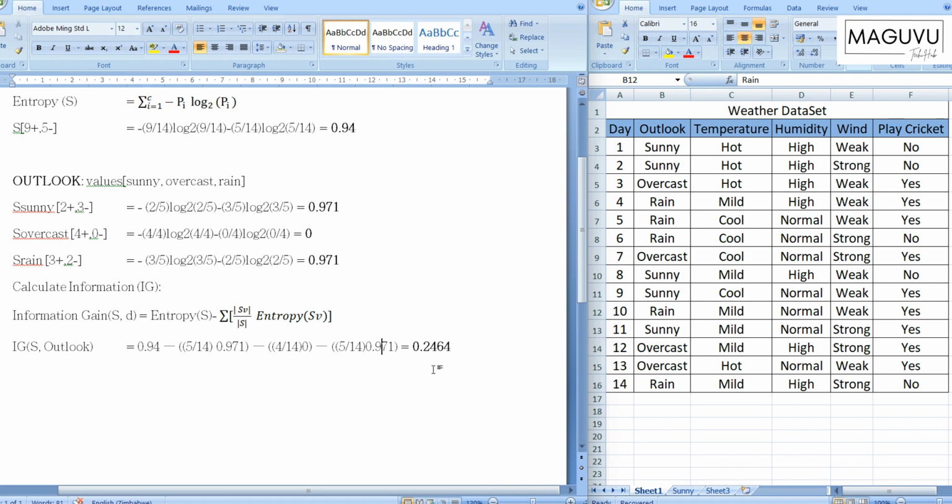We then want to do the same for the remaining features, which is temperature, humidity, and wind. So let's consider temperature, just the same way we did with outlook.